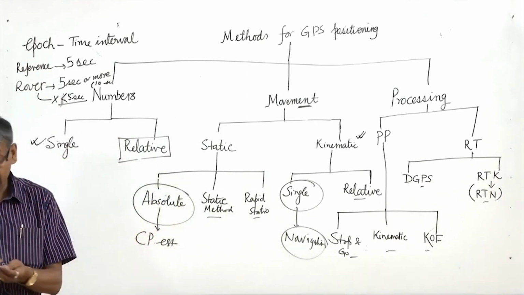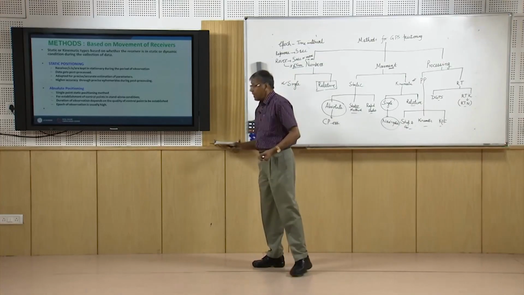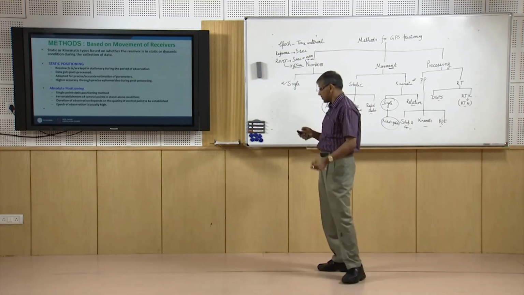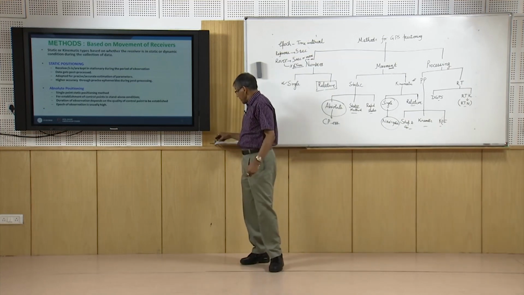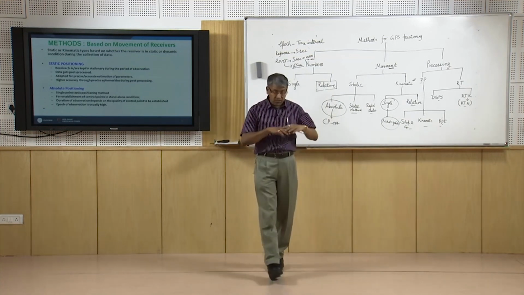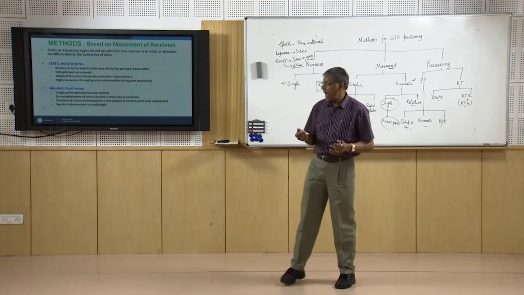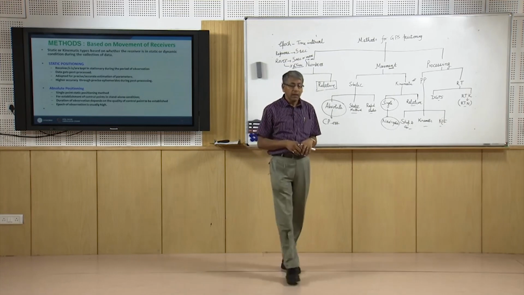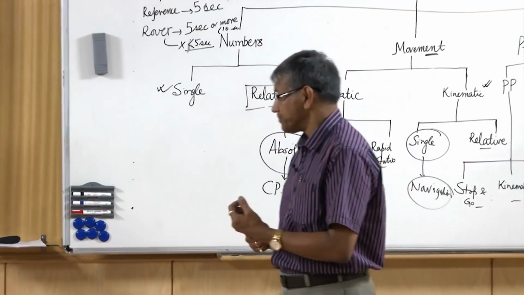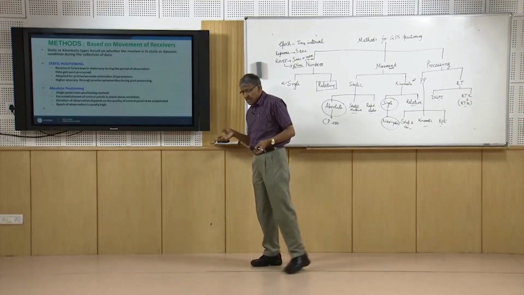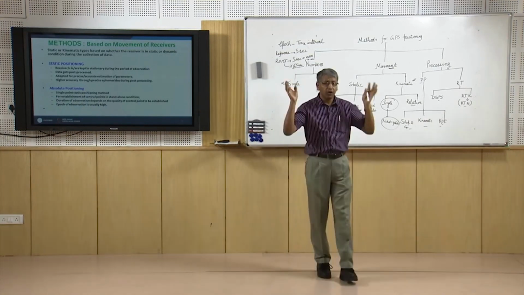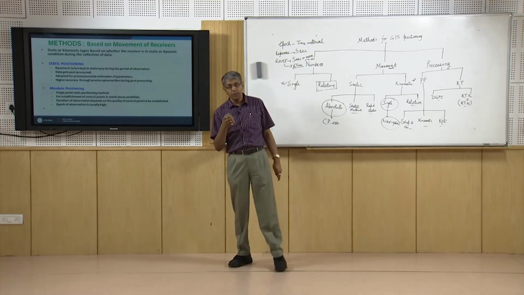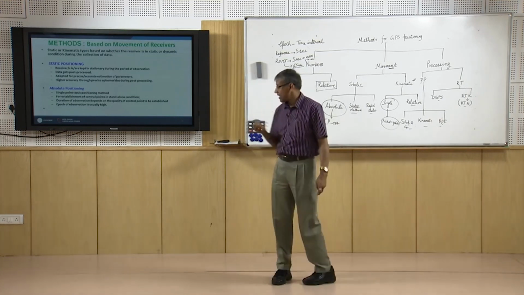That means if we take a single receiver in a static condition and take observation, that is called absolute positioning, and that is used when there is no reference available around and when we have to start our work without having any known position. In this case we need to take observation for a long duration, and you should keep the epoch of observation high, like 15 seconds, 30 seconds, like that.